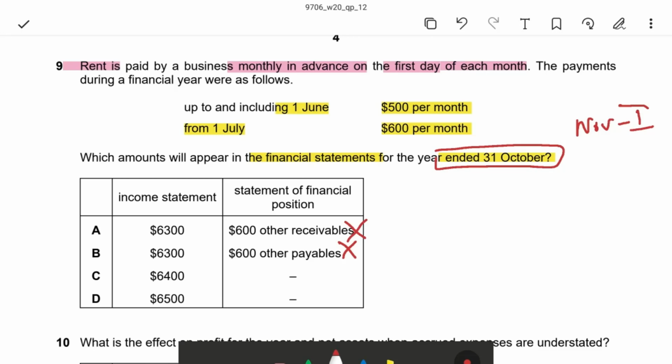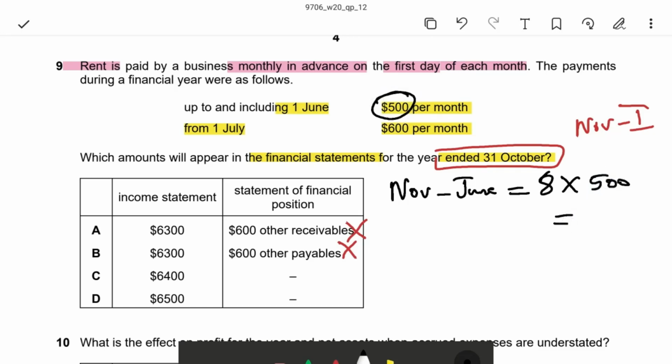Now, the amount we have to calculate. November to June, how many months are there? 8 months. 8 into 500 is 4,000 until June.